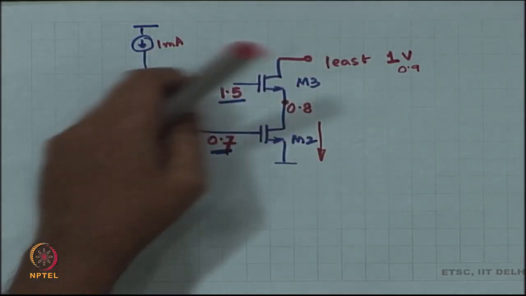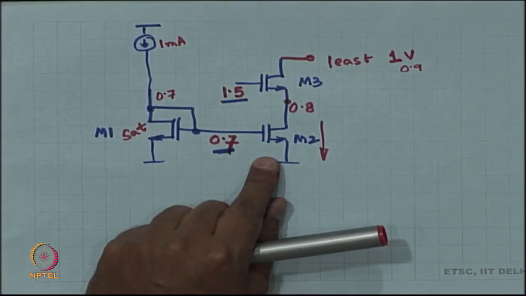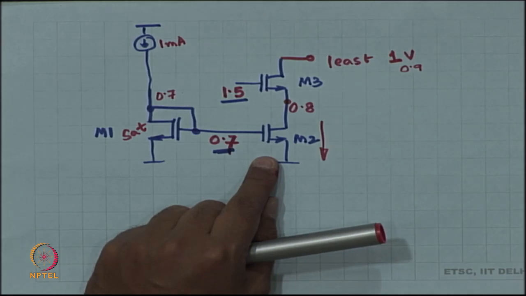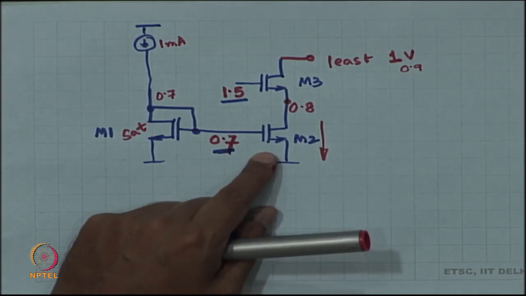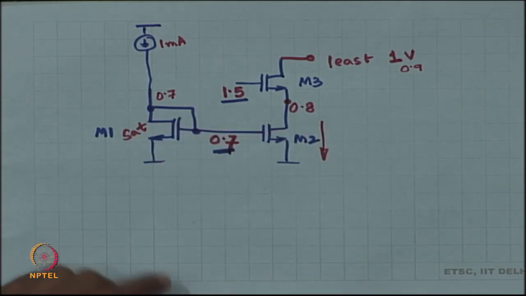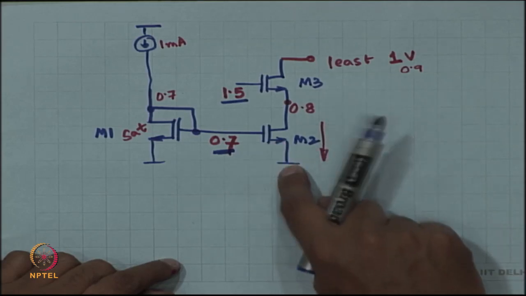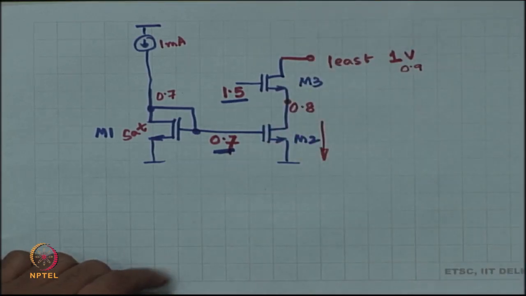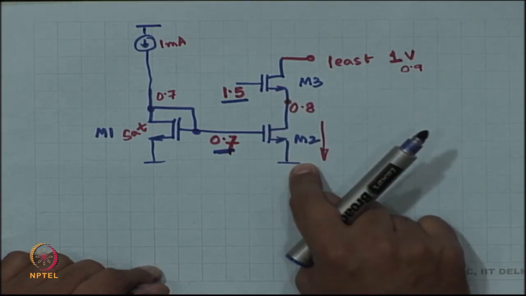The output impedance is the intrinsic gain of M3 times rds2, right. That is the biggest factor, right. The remaining portions are small. So, intrinsic gain of M3 times rds2 plus rds2 plus rds3, right. Forget the plus portions. Intrinsic gain of M3 times rds2.